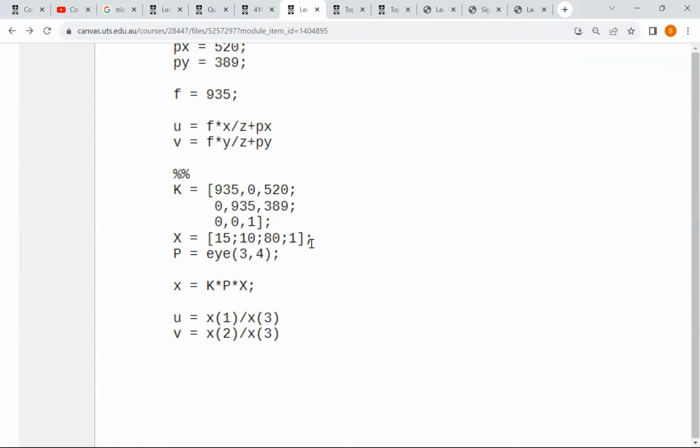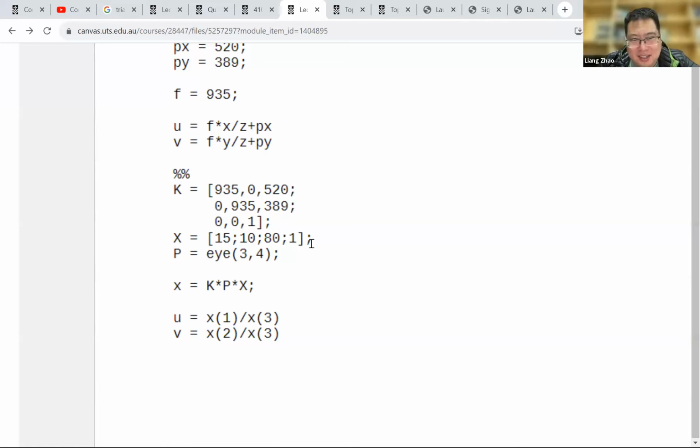Let me tell you why. If you multiply the capital X by n, then you will have 15n, 10n, 80n, and n. Normally when we convert from a homogeneous point into a normal 3D point, we use the first element divided by the last one, which is x, the second element divided by the last one, which is y, and the third element divided by the last one, which is z.